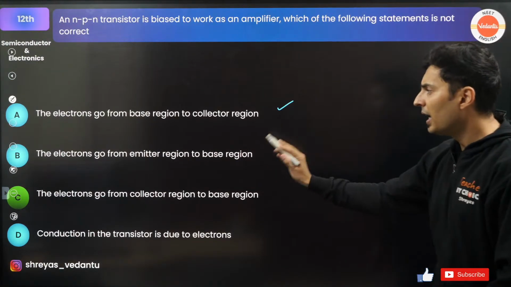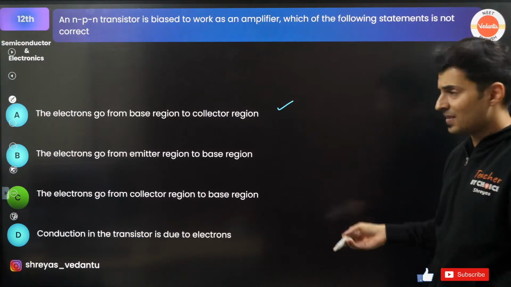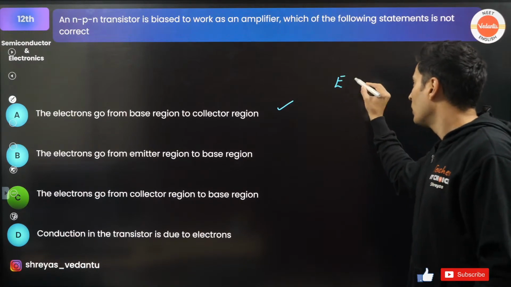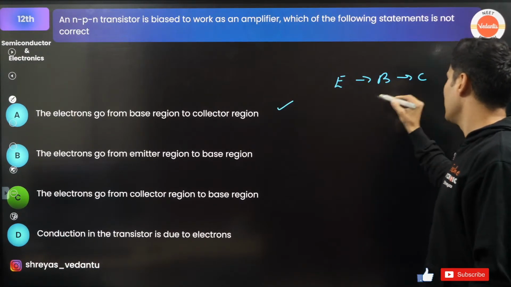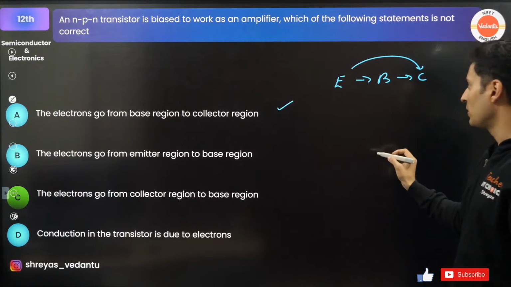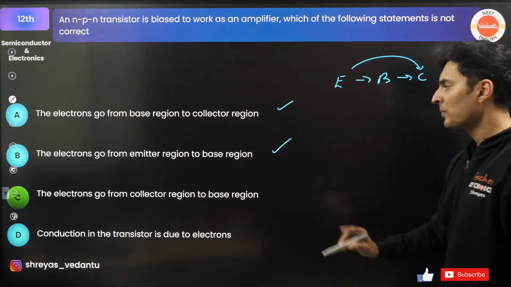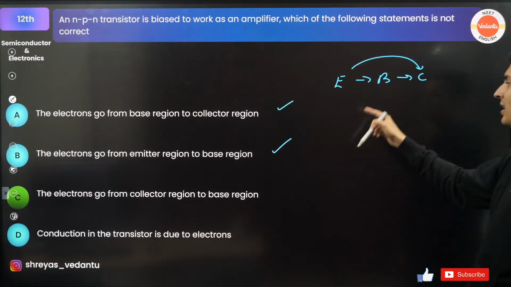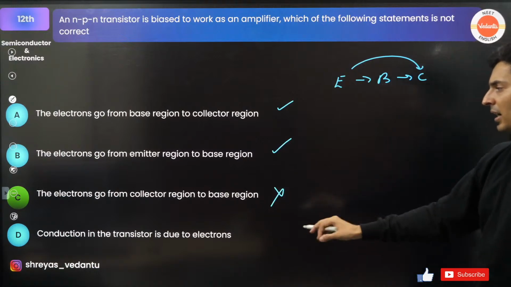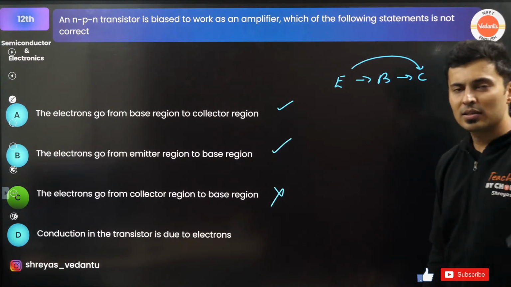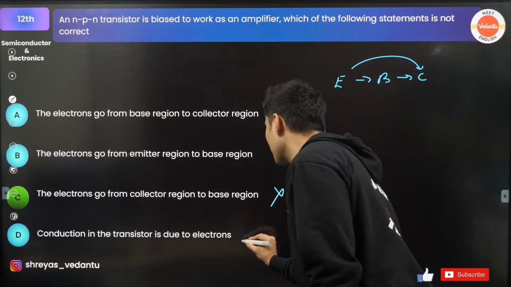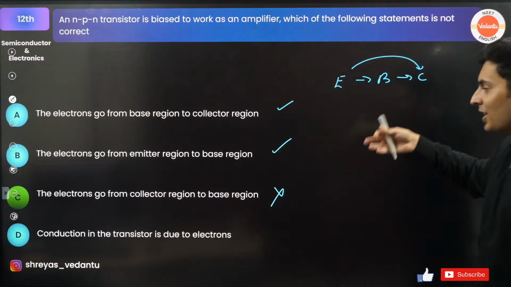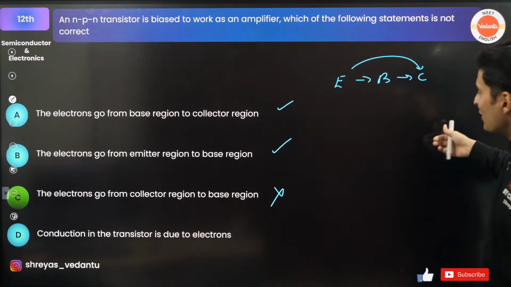Electrons go from emitter to base. Yes, they go from emitter to base to collector. Some electrons might directly jump over here also. That's perfectly correct. Electrons go from collector to base. Definitely wrong. Conduction in the transistor is due to electrons.